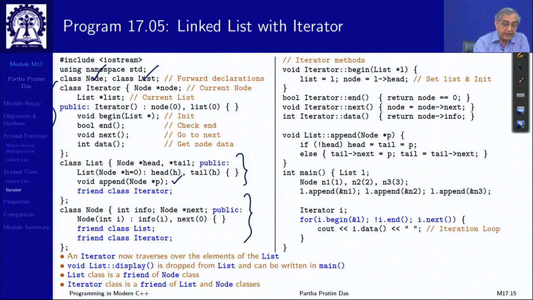And then I have an iterator class, which has to iterate on the list. Right? So, what does the iterator have to remember? It has to know the list on which it is iterating, so it has a list pointer.